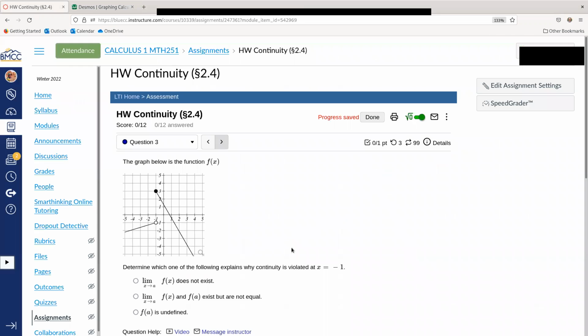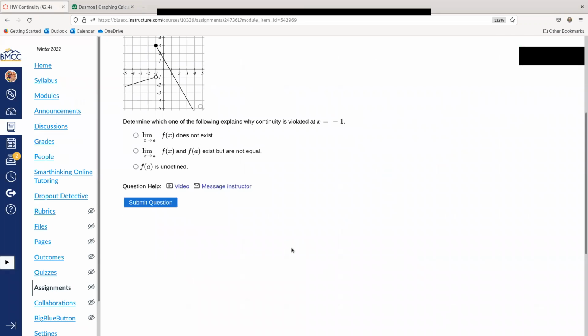All right, let's go back to this question right here. This function asked me a few questions about continuity, the 3 rules for continuity. Determine which one of the following explains why continuity is violated. Does f of a have a value? My a is -1 here, and yeah, it's 3. So this one's okay. Does the limit as x approaches a of f of x not exist?